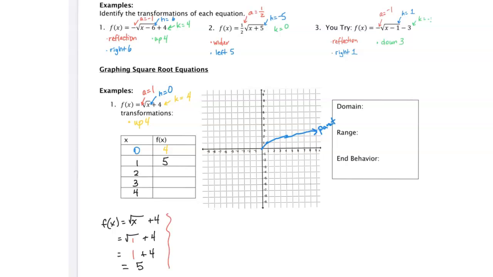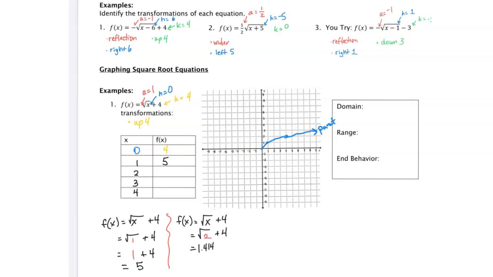Okay, when we do our next one, we have f of x equals the square root of x plus 4. This time we're going to plug in our 2 for our x and then plus 4. The square root of 2 is an irrational number, and that irrational number is about 1.414.